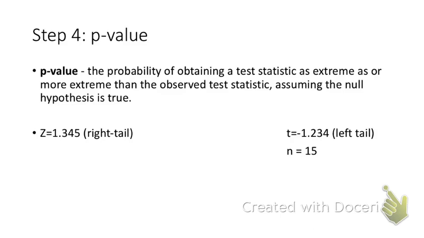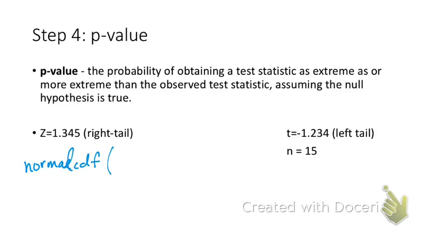And so when we're solving for p-value, what function do we use in the calculator for z? To go from test statistic to p-value, what calculator function do I use? Not inverse norm, normal CDF. So for the one on the left, I would type in normal CDF. And it's a right tail.